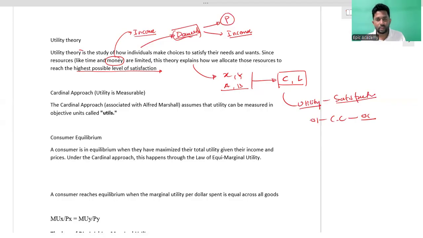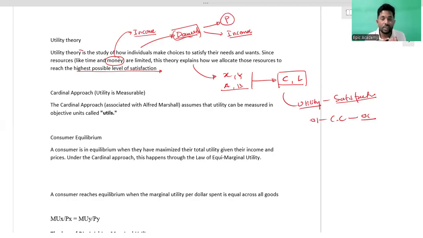You can't, right? But at the practical level, you can compare the satisfaction of consuming one bottle of Coca-Cola with the satisfaction of one bottle of Pepsi.